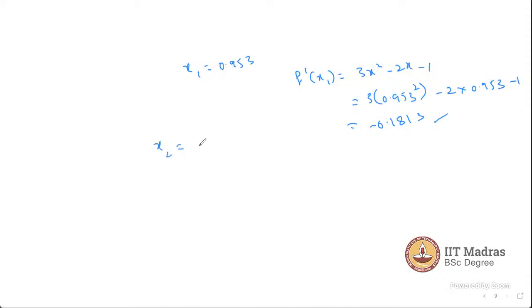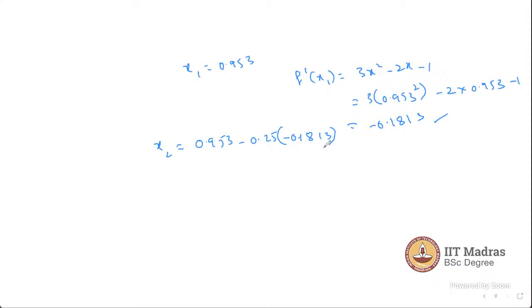So this will give x2 as 0.953 minus 0.25 into minus 0.1813, which is 0.1813 into 0.25 plus 0.953.